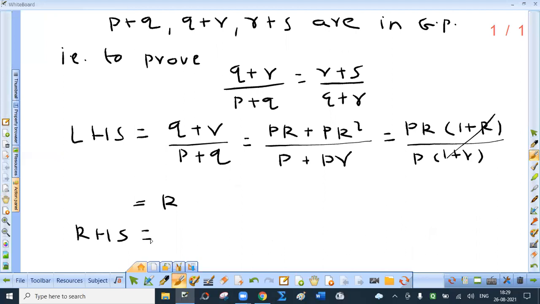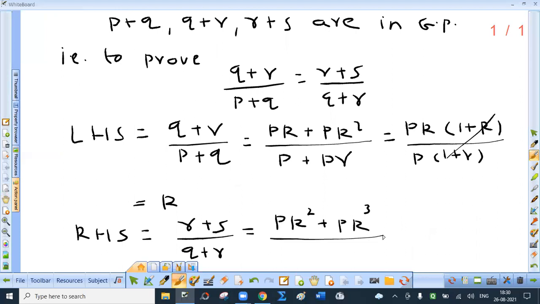What is RHS? R plus S upon Q plus R. Now replace R by what? PR square plus PR cube upon Q plus R. What is Q? PR. And what is R? PR square.